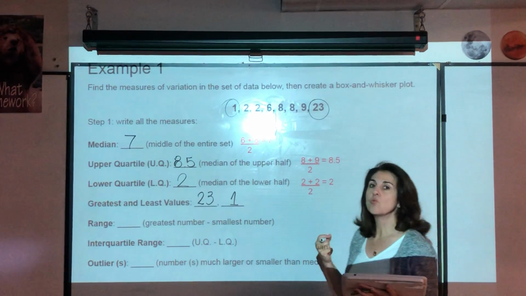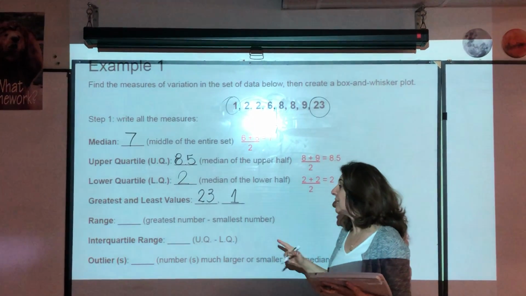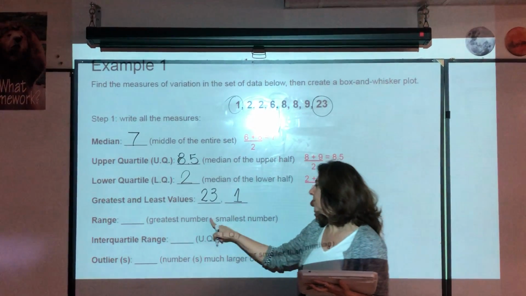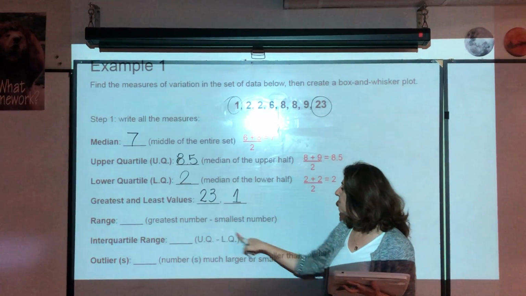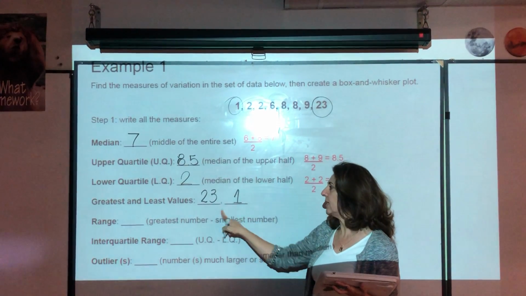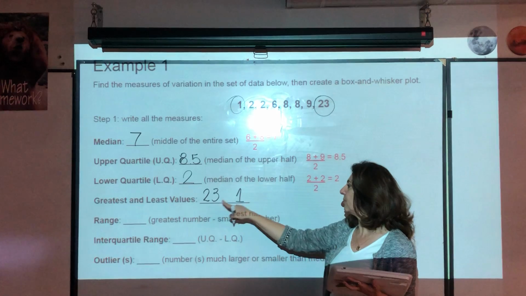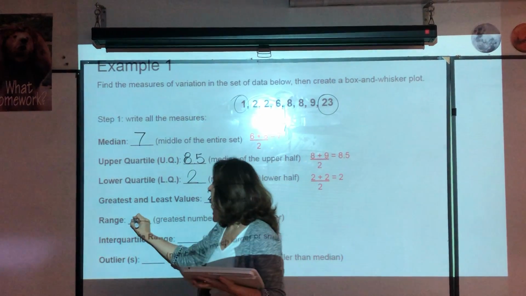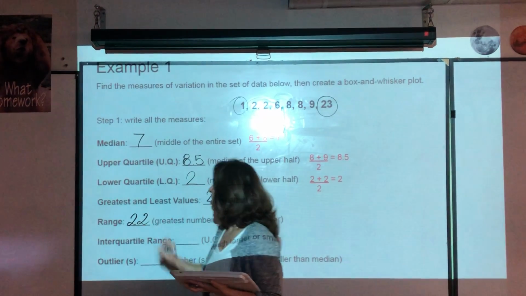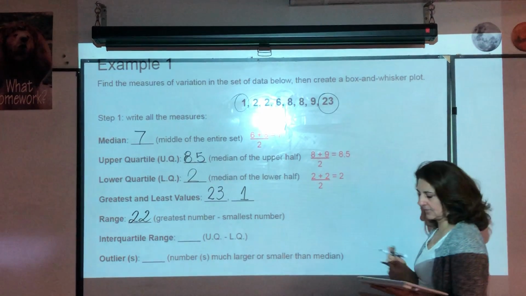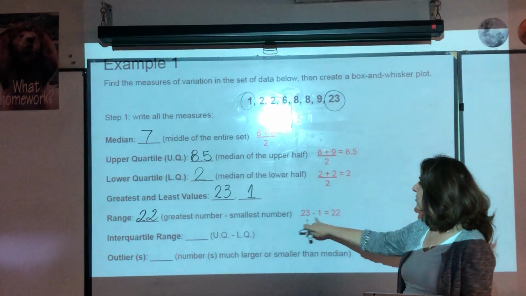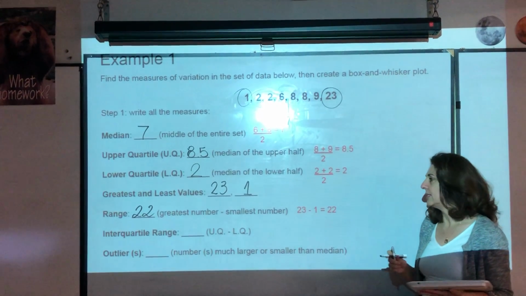What is my range? The range is the greatest number minus the smallest number. So I have them over here: 23 take away 1 is 22. Let me see if I did this. Yes, 23 minus 1, 22.